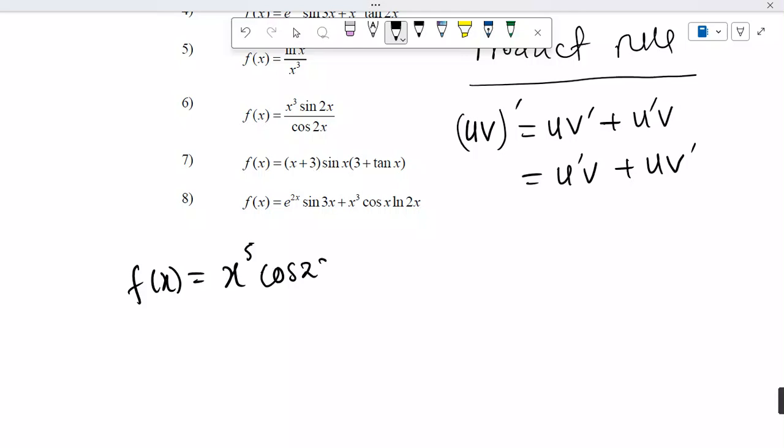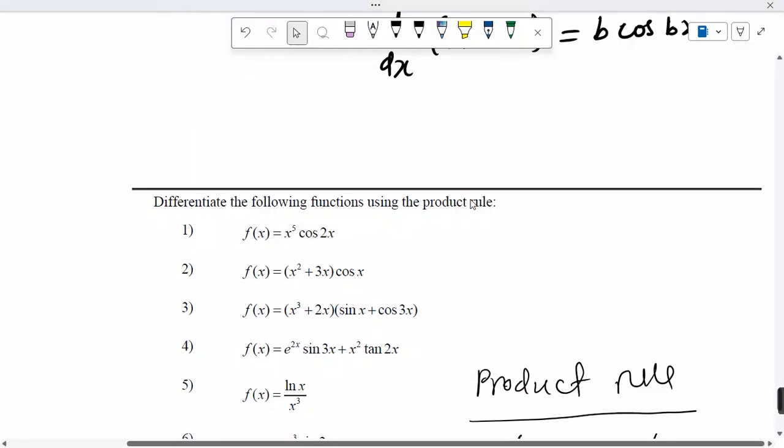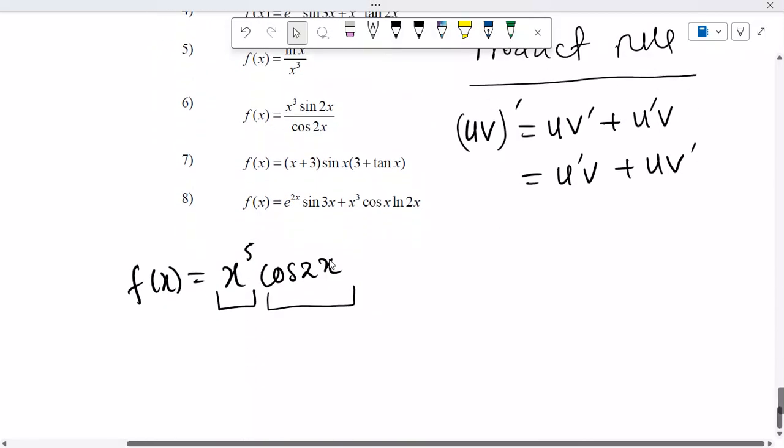You just need to identify the two functions. So you have this function and this function. We are differentiating using product rule, so that's what the question said: differentiate using product rule.